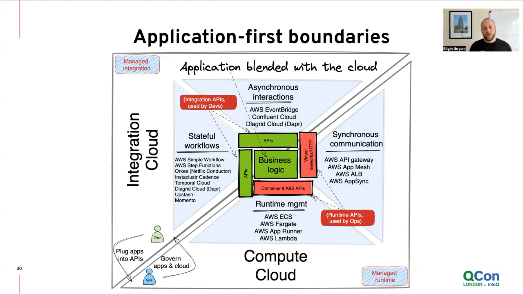In this architecture, compute and integration capabilities are consumed as SaaS, delegated to a trusted third-party company, and the role of ops is more about governing, securing, and configuring these cloud services. Devs are responsible for implementing the differentiating business logic and reusing the undifferentiated integration capabilities as a service.